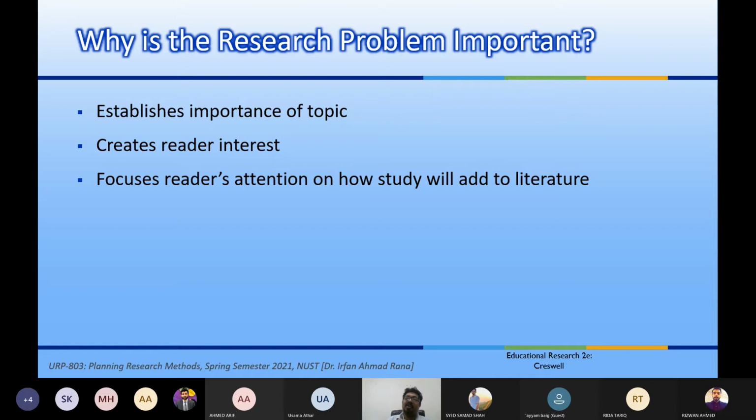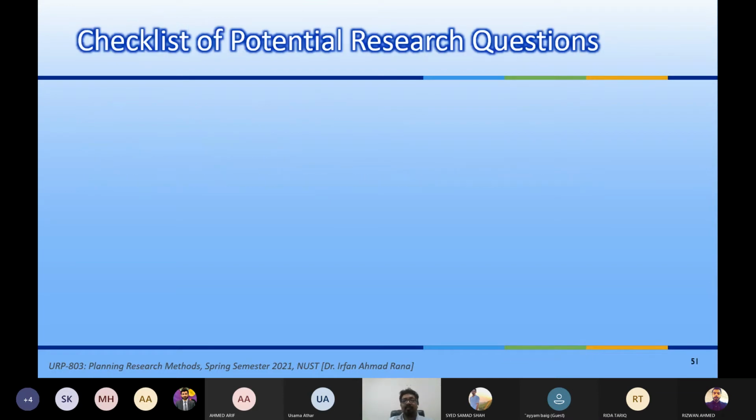They go hand in hand, very close together. The research problem helps you justify why you picked this topic. It can raise the reader's interest, and it can add what this study is about and help the reader understand it.